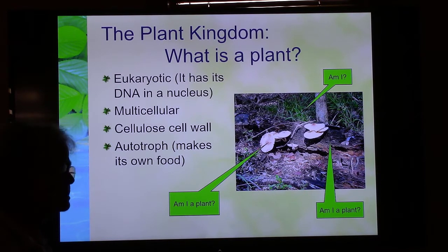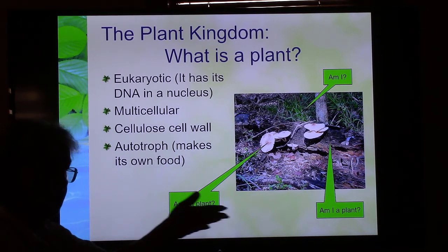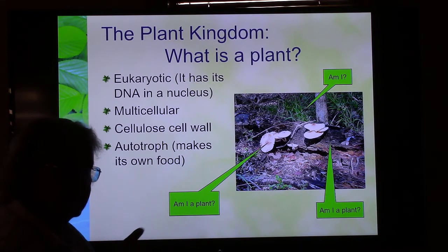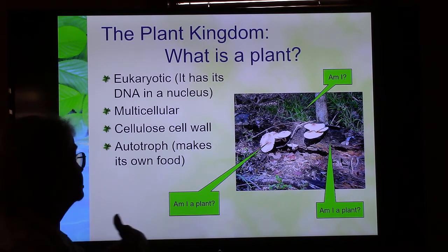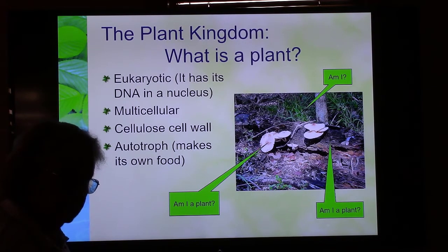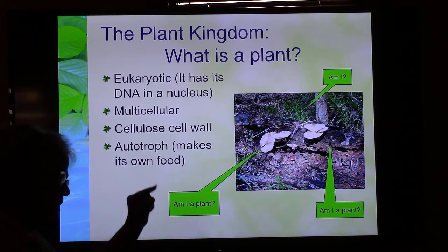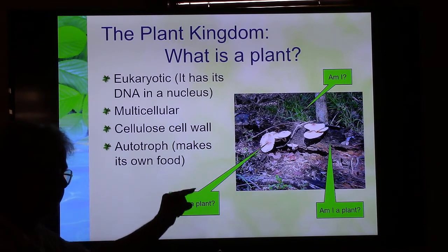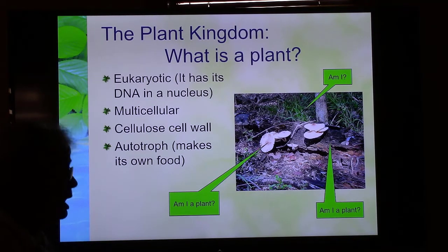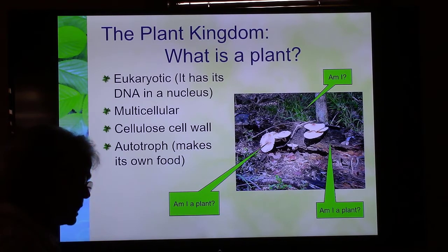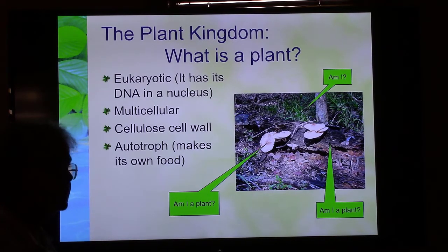And that is an advanced characteristic. You are also eukaryotic. Your DNA is in a nucleus structure of your cells. It is multicellular. So we're talking about things that are not just little individual microscopic cells. Around each cell in its body, there is a layer called the cell wall. And that cell wall is constructed of a particular material called cellulose.